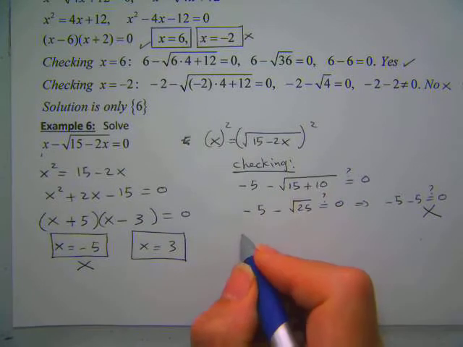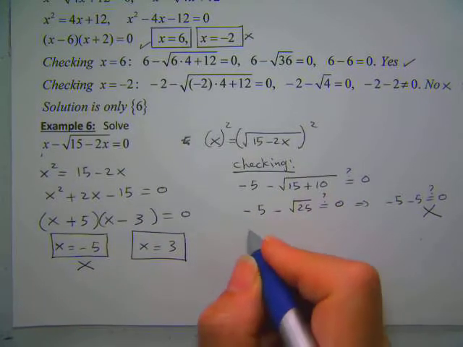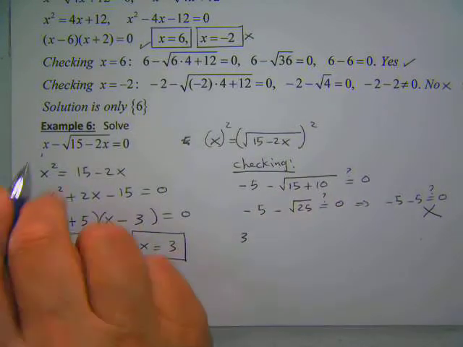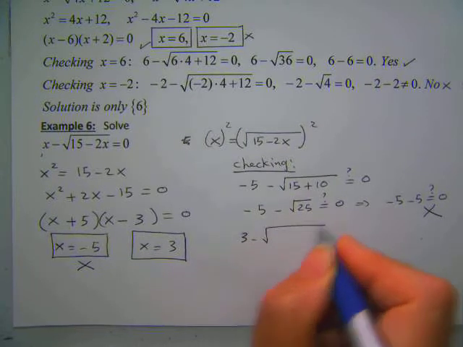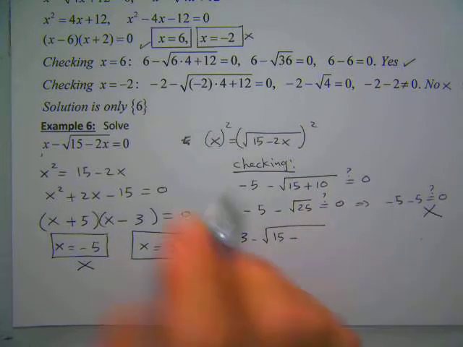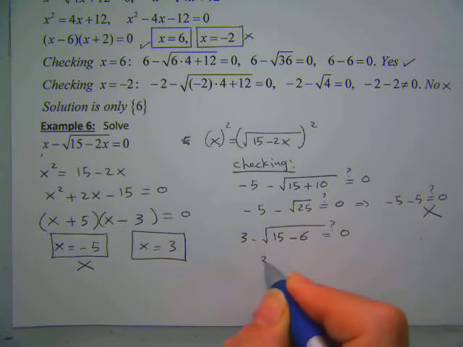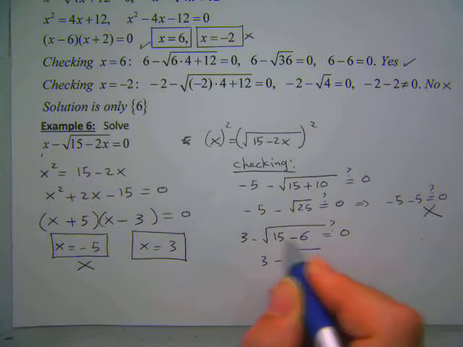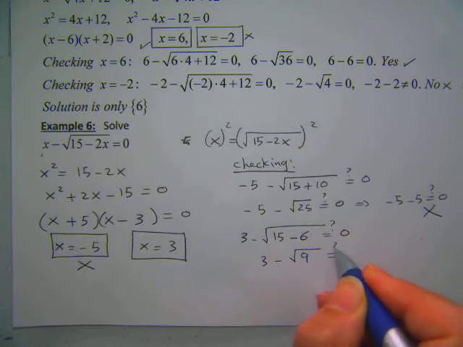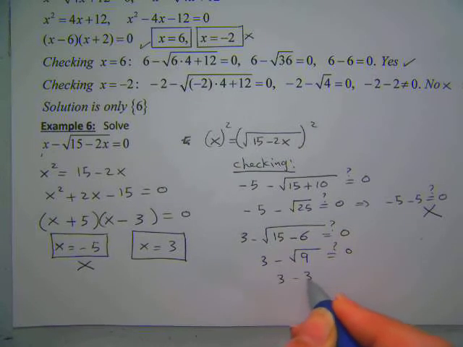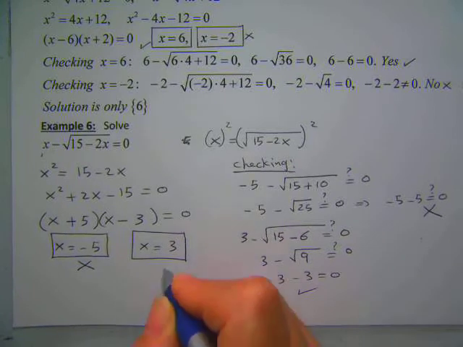Let's check the 3. I have 3 minus the square root of 15 minus 3 times 2, which is 6. Is that equal to 0? 3 minus the square root of 9, is that equal to 0? 3 minus 3, is that equal to 0? Yes.